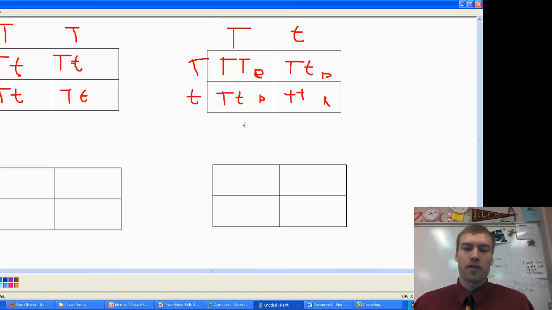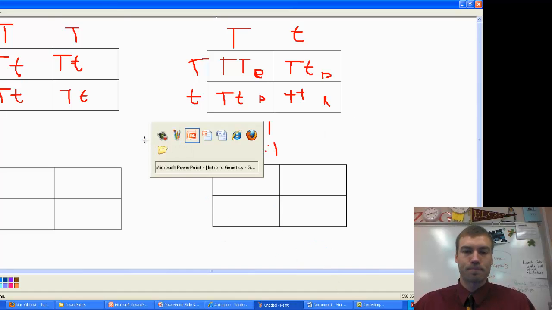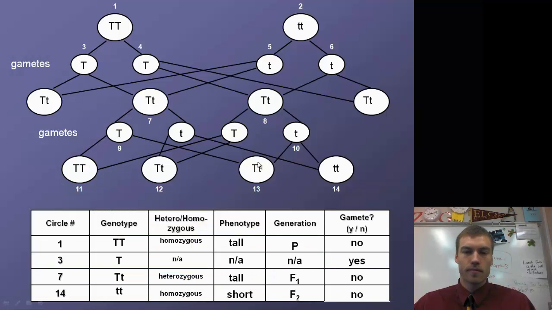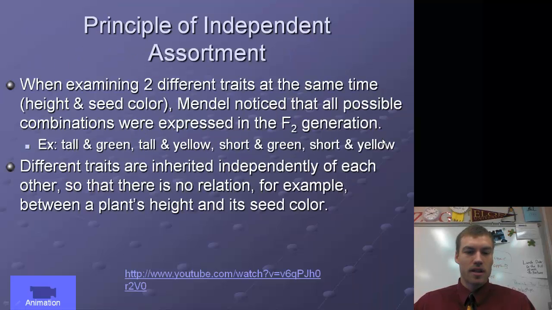So for the phenotypic ratio, it would be 3 to 1, tall to short. The genotypic ratio would be 1 to 2 to 1, okay? The genotypic ratio: 1 big T big T, 2 big T little t's, and then 1 little t little t. All right, and there's the parents in the F1 and then the F2.